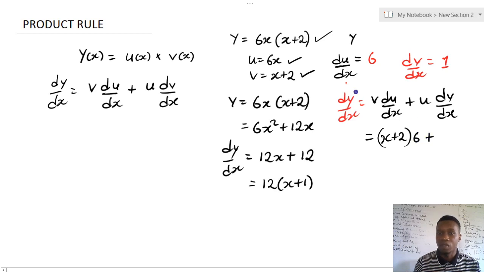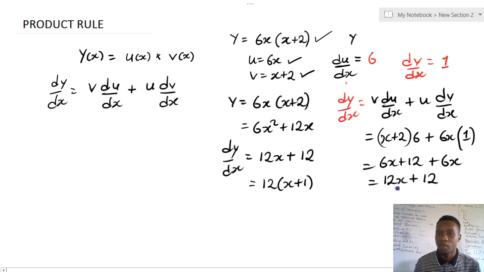Then plus u, which is 6x, multiplying dv/dx, which is 1. Opening this bracket, we have 6x plus 12 plus 6x. When we add them up, 6x plus 6x gives 12x plus 12. Notice we can finally factorize it to get our answer, 12(x plus 1). So this is the formula for finding the product rule.